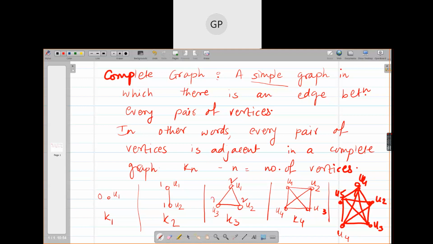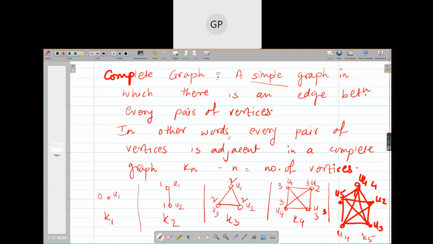Let us go to K4. What is the degree of each vertex here? 3, right? What is degree of each vertex in K5? 4, yes.